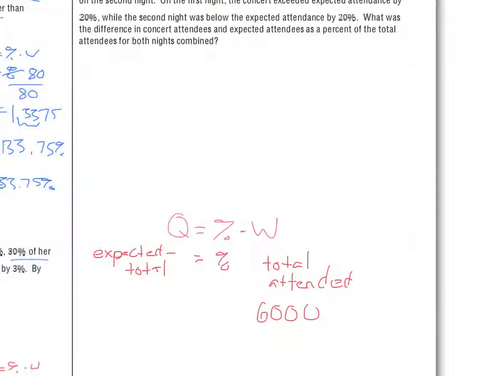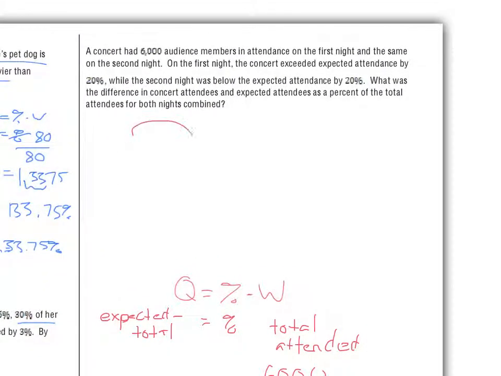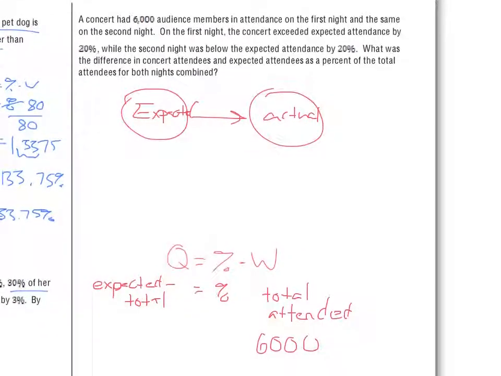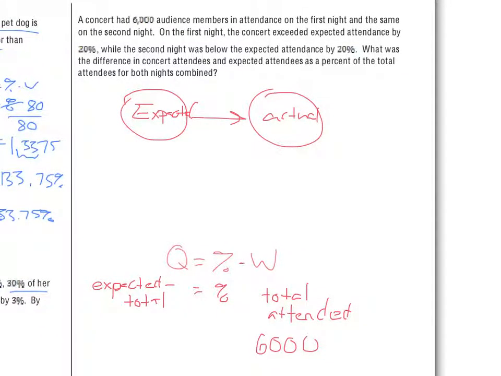So we have two separate nights here. And we know kind of what the difference is between the expected and the actual. So we have to figure out the expected for each of these nights. So this is night 1. This is night 2. And this is our expected, and this is our actual.